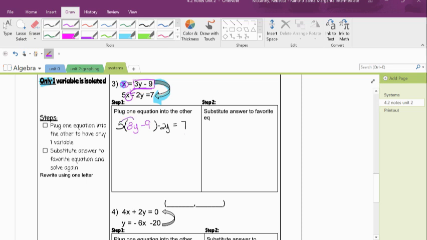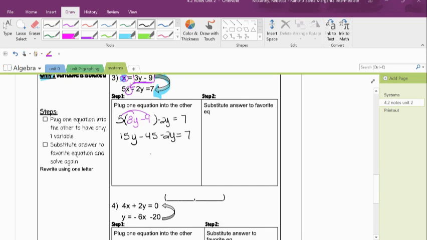Now I'm going to distribute, and I have 15y minus 45 minus 2y equals 7. Then combine like terms, and I get 12y minus 45 equals 7. And now I'm going to add 45 to both sides.